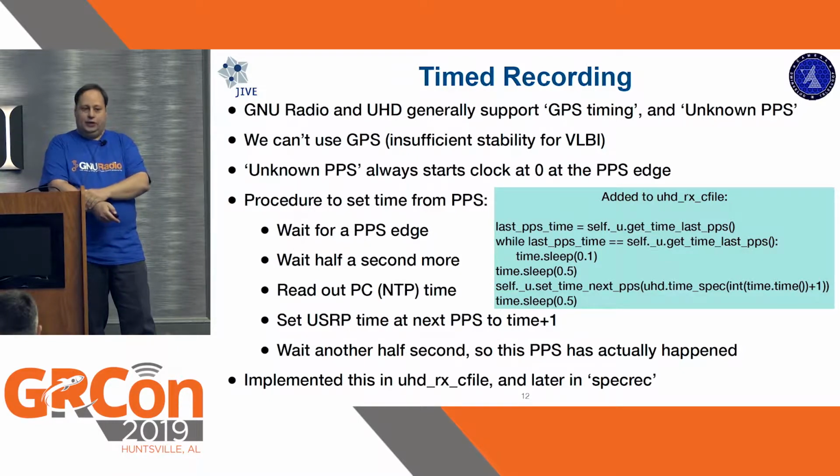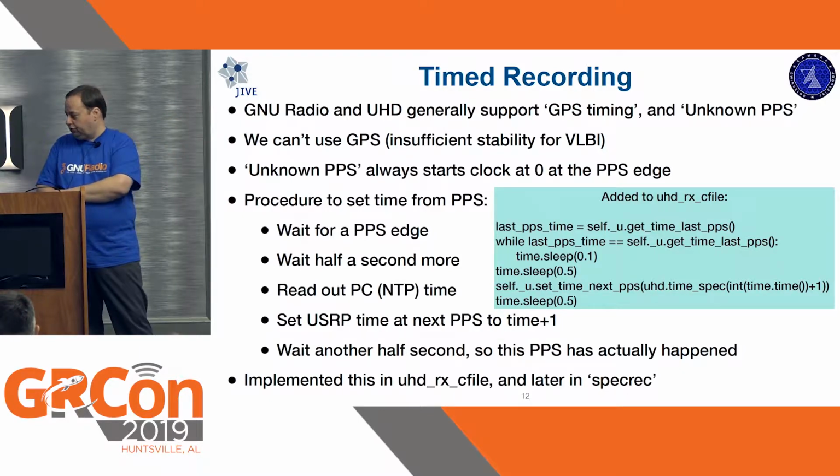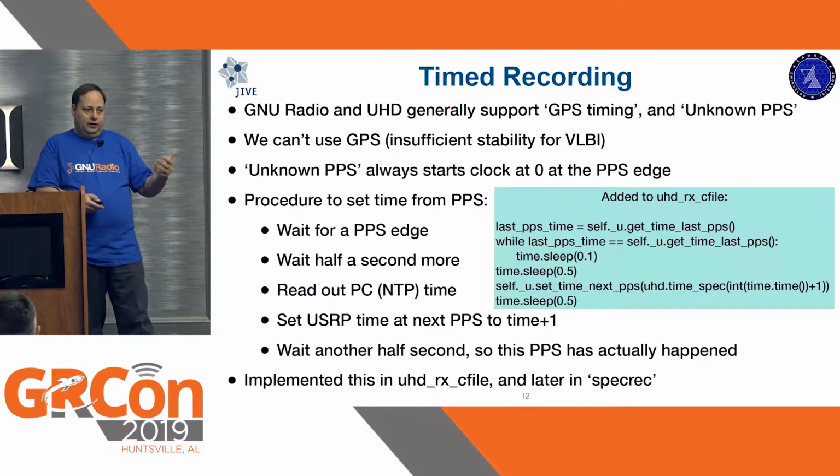And then you read out your PC time, which is presumably locked to NTP, and then you set that time. You tell your USRP that at the next rising edge of the PPS, that is going to be your time, and that actually works. It just takes more than a second to do the synchronization, but that's not an issue. So one of the things I hope to contribute is to actually make this part of UHD again.